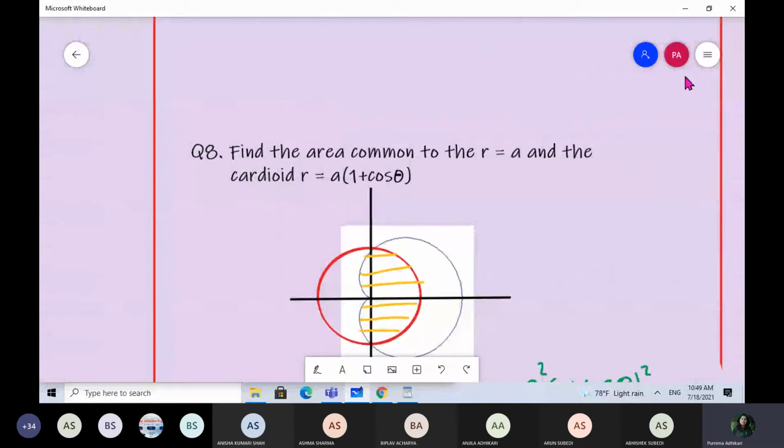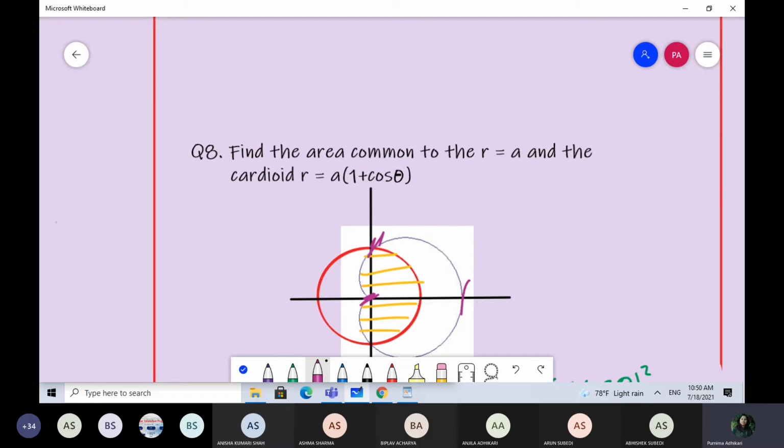This yellow area is the common area between your cardioid and circle, because r equals to a means everywhere it's a, and r equals to a(1 plus cos theta) means when theta is 0, you have 2a. When theta is pi by 2, you are going to have r equals to a, and when theta is pi, you are going to have 0 value for r if it is cardioid.